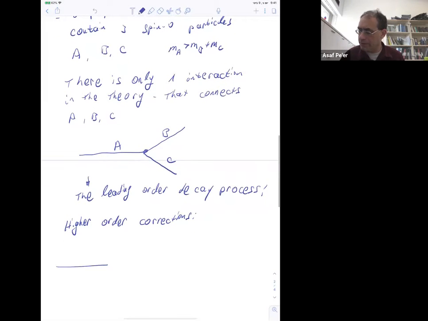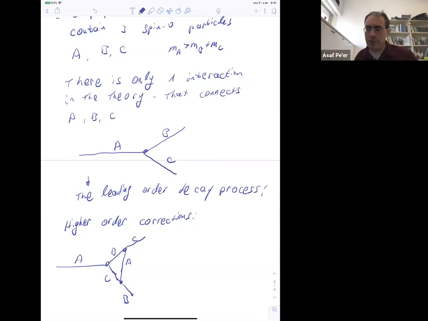So A has to decay into B and C, but then we can have another interaction, for example, that B would turn into C and A would interact with the C to produce a B.